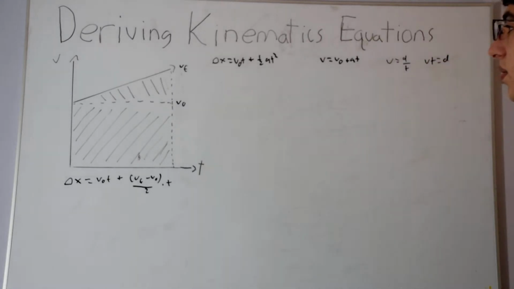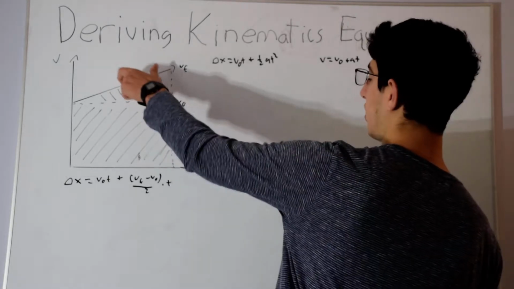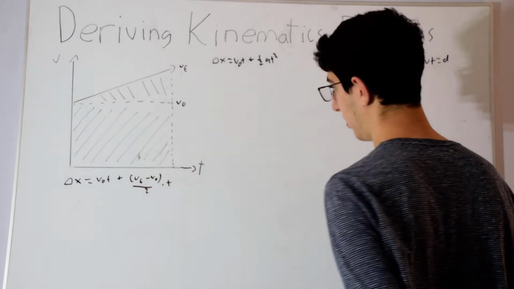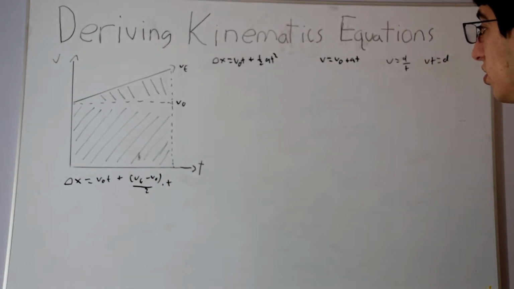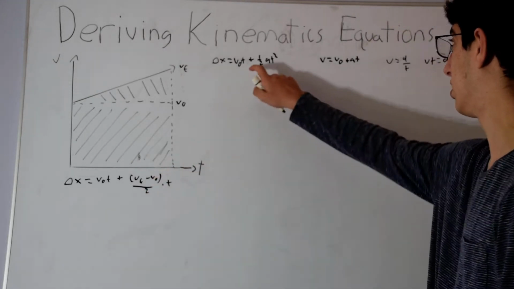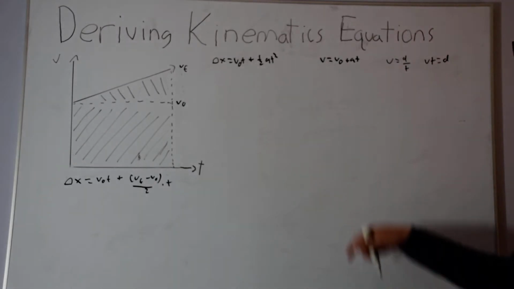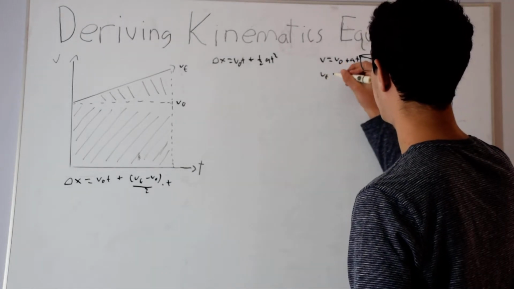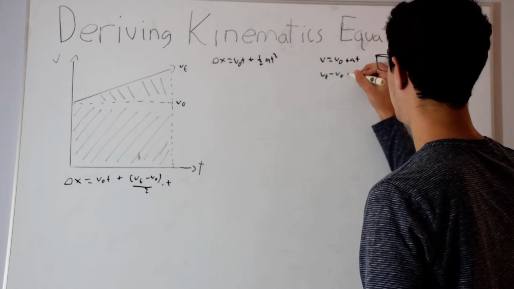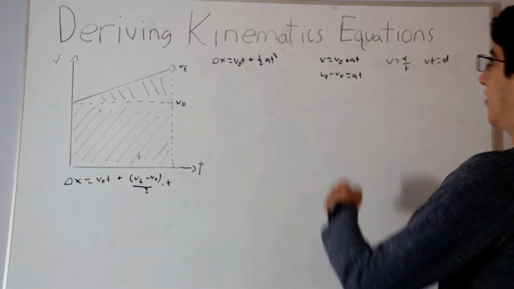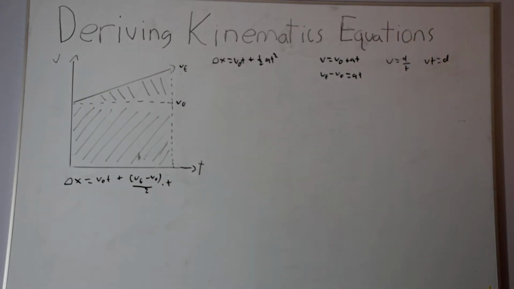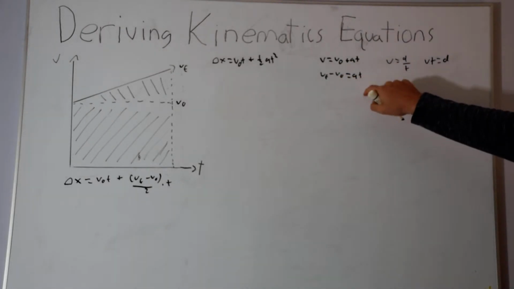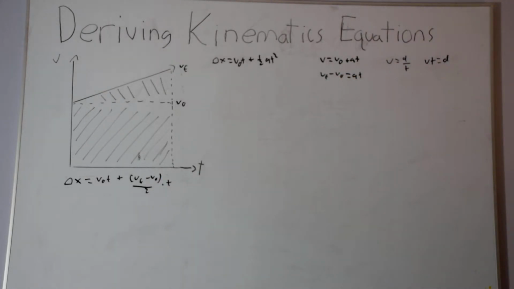Okay, and remember that what we're doing is we're setting the area under the graph equal to displacement. So this doesn't quite look like the equation we want, but if we rearrange v equals v0 plus at to v final minus v0 equals at, right, I'm just moving the v0 to the other side, we can plug at into v final minus v0.